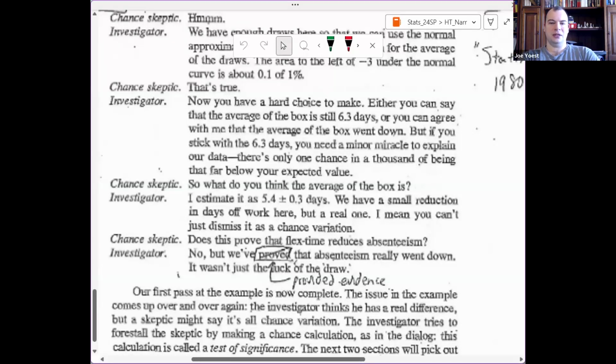Either you can say the average of the box is still 6.3 days, that the average has not changed, even in light of this flex time, or you can agree that the average of the box went down. If you stick with the 6.3 days, you need a minor miracle to explain the data, the sample mean of 5.4 that would happen less than 1 in 1,000 times.